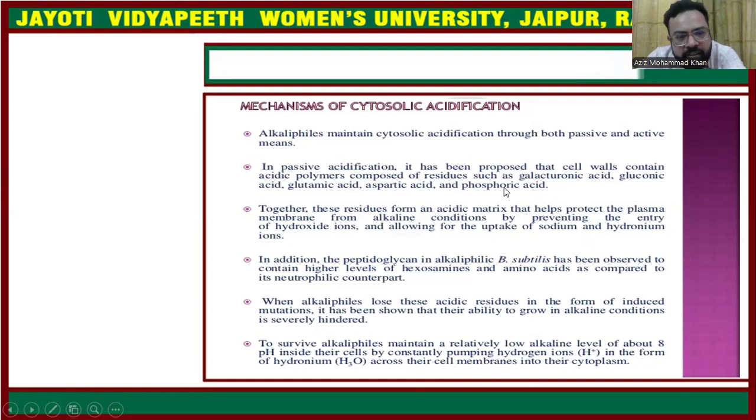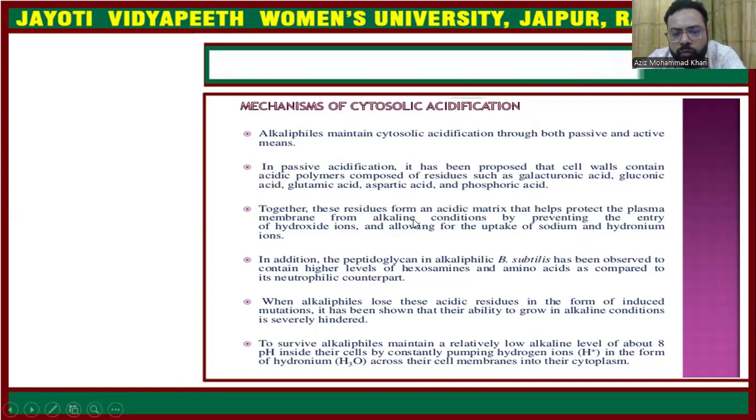Okay? Acidification is found inside the cell, not outside the cell. Sorry, the alkaline environment is outside the cell, and due to these acids, the acidic environment is maintained inside the cell. So they maintain the balance inside and outside.